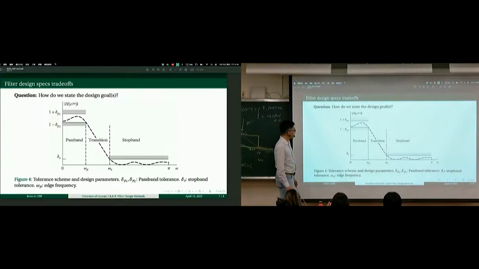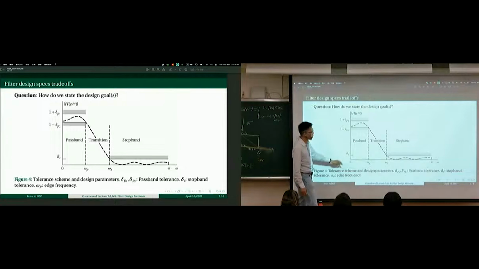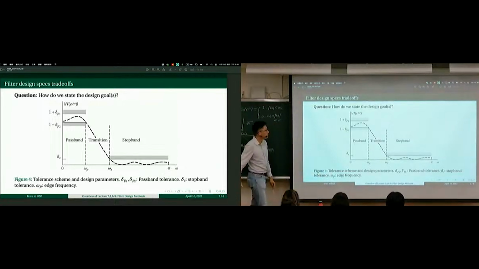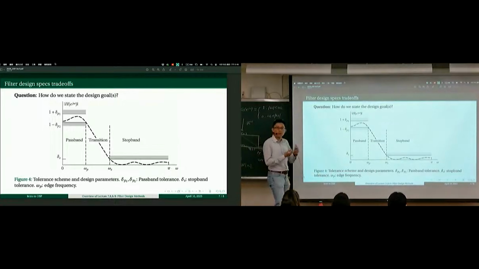Usually there's a trade-off between how narrow the tolerance is and how narrow the transition is. Let me repeat that. There are two competing goals.